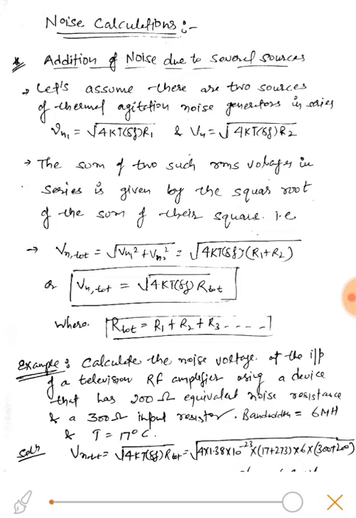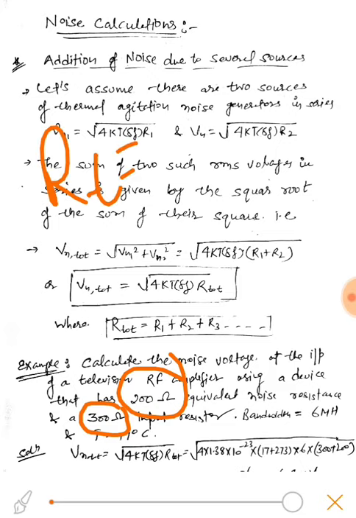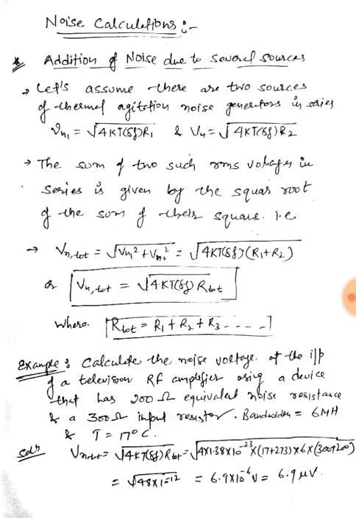In this we are given a circuit having a television RF amplifier which has an equivalent noise resistance of 300 ohm and an input resistance of 200 ohm. So they are connected in series. So total would become 300 plus 200, that is 500 ohm.